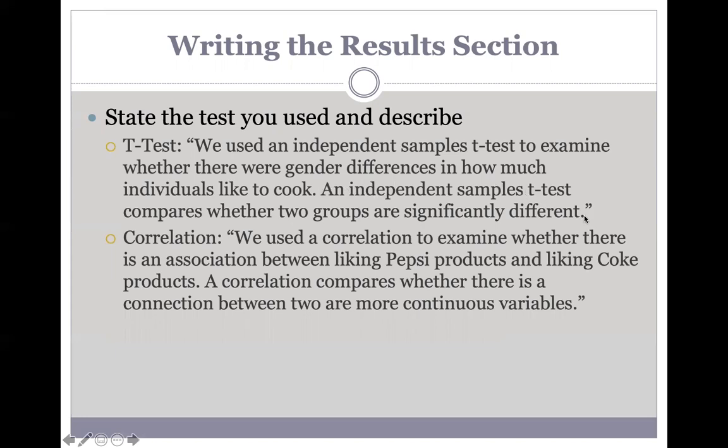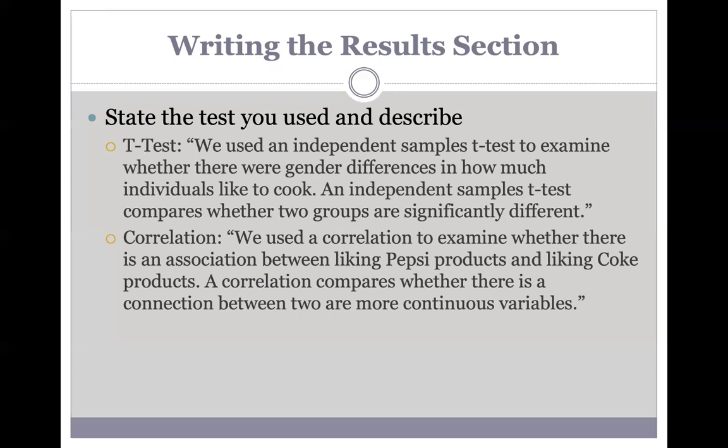You don't need to explain what the test does. Just say what test you used. Because people reading the results section most likely already know what these tests are. A lot of people just skim the results and go to the discussion because they don't care what test you ran. For our purposes, let's assume that everybody knows what these tests mean.